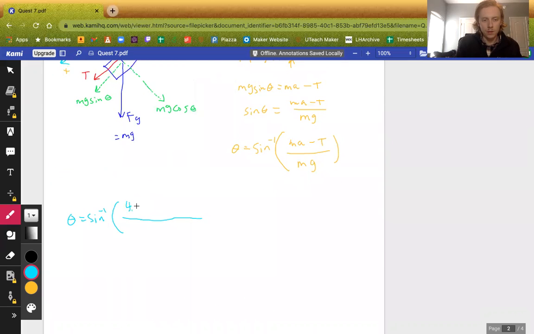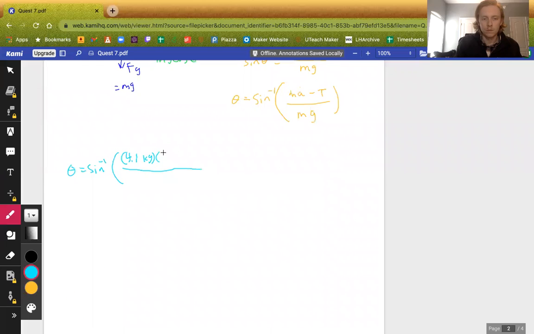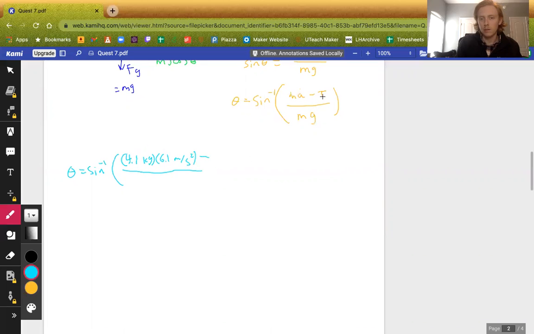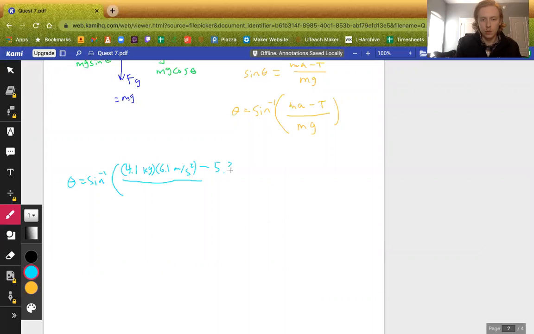We have 4.1 kilograms times the acceleration of the box, 6.1 meters per second squared, minus our tension, which we figured out was 5.35 newtons, all over the mass, which is 4.1 kilograms times the acceleration due to gravity, which we know is 9.8 meters per second squared. So we have that big expression, and that is just a number.